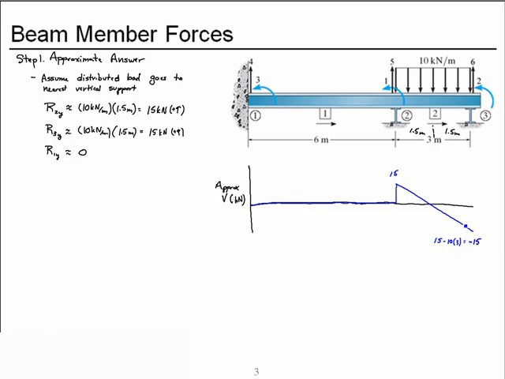And then reaction 3 gives us a jump, so we have the minus 15 plus the jump of 15, that equals 0, and so that checks out because the shear diagram should close to 0.